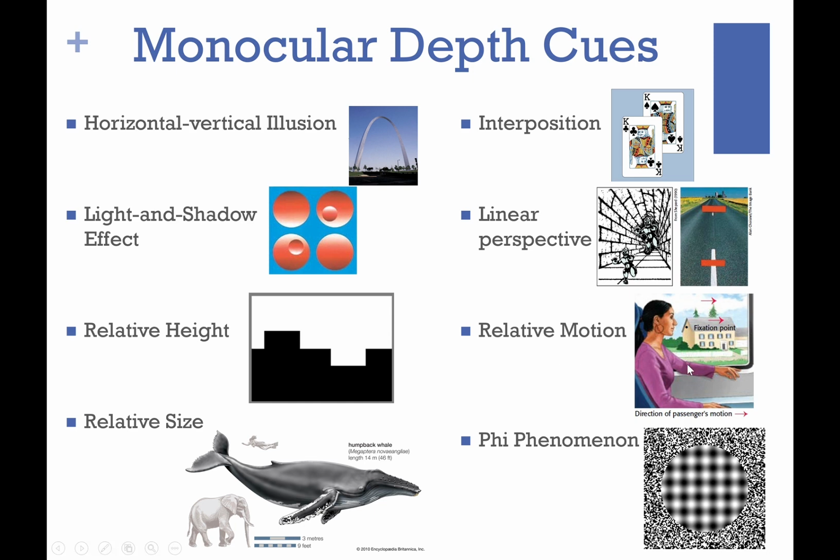Relative motion, the fact that if your eyesight is fixated, it can determine the fact that things are going to continue to move past you at the same rate and at the same speed and the same size. Relative height, that this is taller compared to this block here, because it's a comparative statistic of monocular cues.